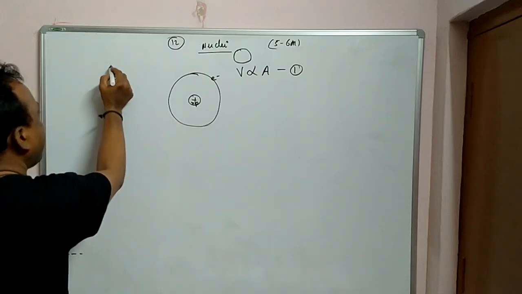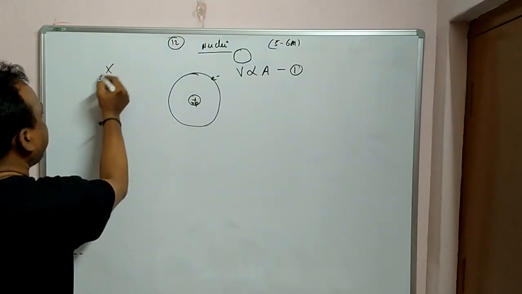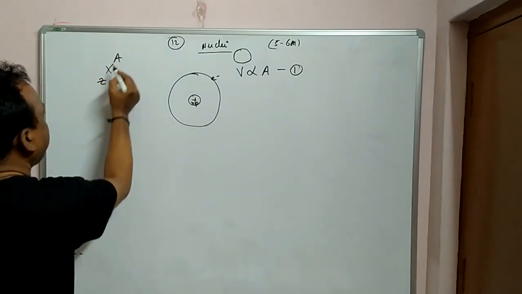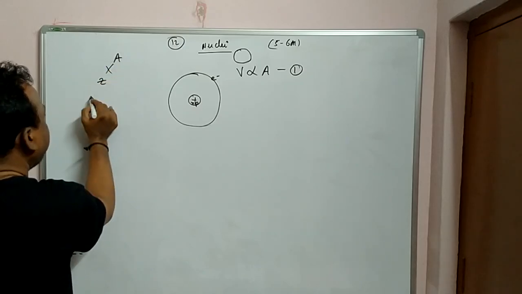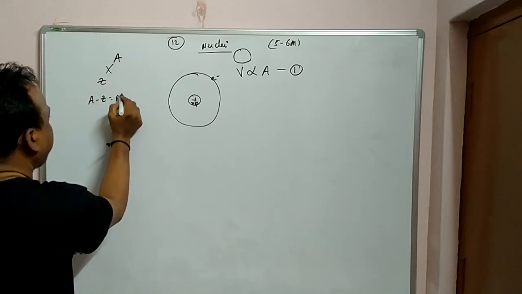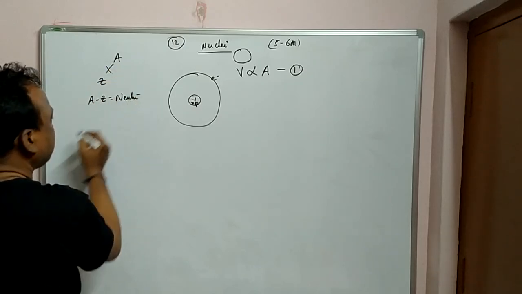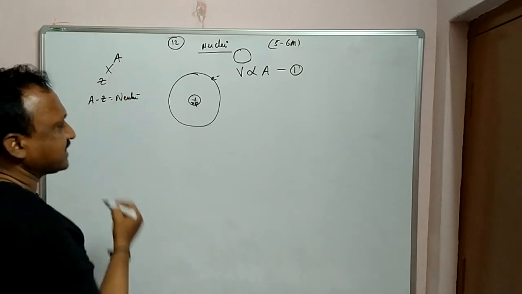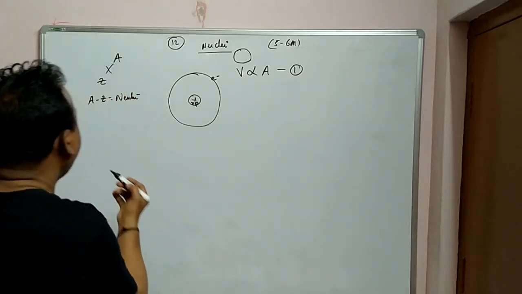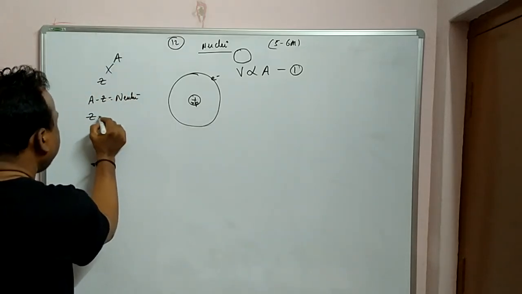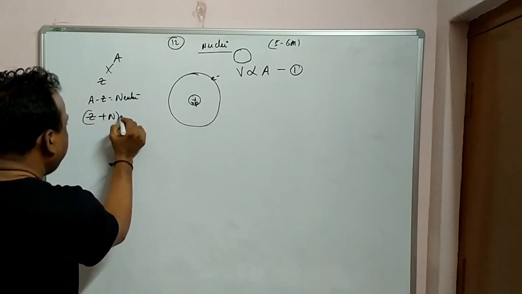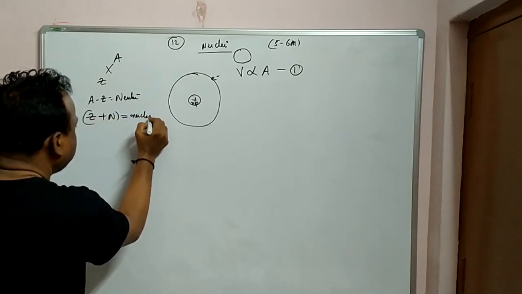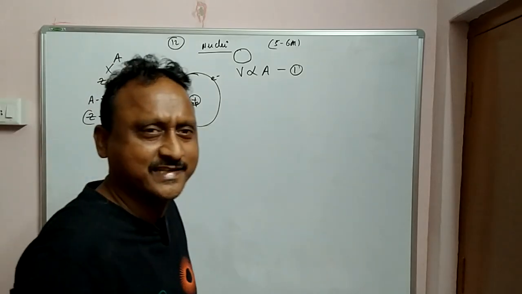We all know what a mass number is. Suppose any atom is written like this, with this the atomic number and this the mass number, then A minus Z is the number of neutrons, and atomic number plus neutrons, that is A, entirely is called nucleons, which are present inside the nucleus.